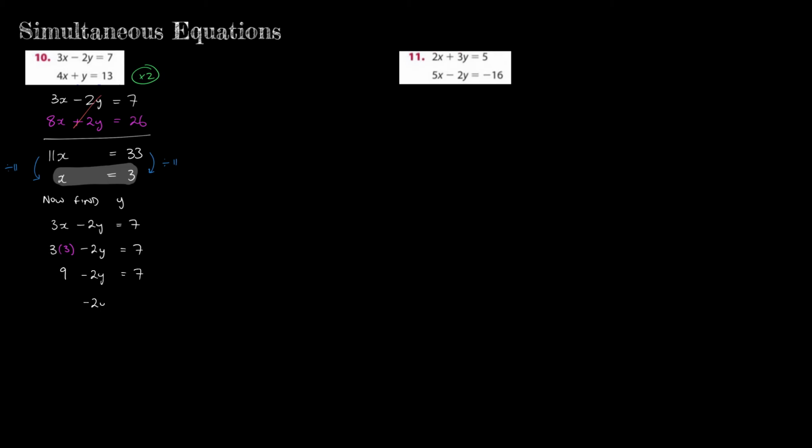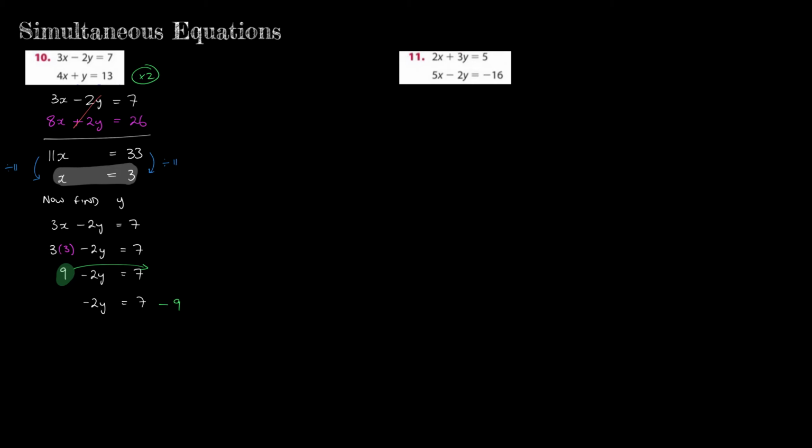So I need to find out what minus 2y is equal to, and in order to find that I need to bring the numbers to the right hand side. Just check that step again. When I multiplied them, I got 9 minus 2y equals 7. The next step here is to isolate the y terms. If I get the y terms by themselves, I need to bring this across. So the y terms are now by themselves, 7 is on the right hand side, and I'm bringing across the 9, so it's negative 9.